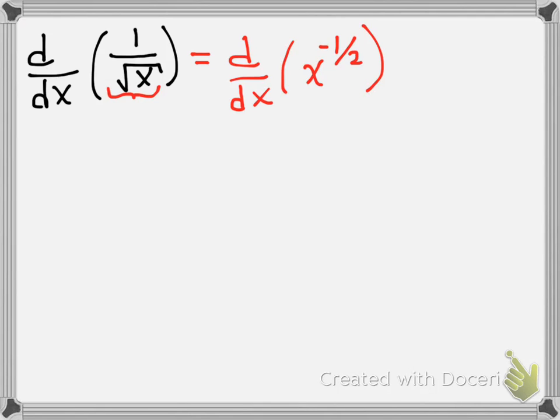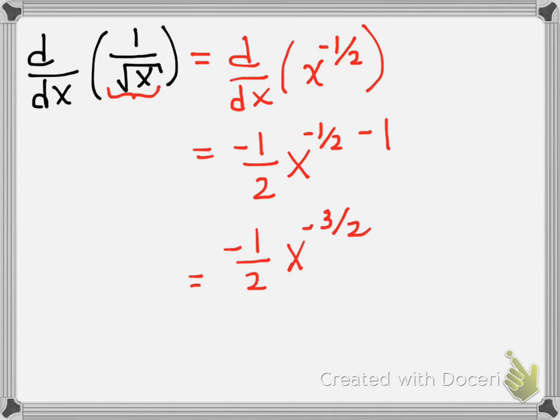Negative because that x to a power is in the denominator, and 1/2 because the square root is the 1/2 power. So here our n was -1/2, so we took the -1/2, put it out in front, and we get -1/2 times x to the -1/2 minus 1, which is -1/2 times x to the -3/2.